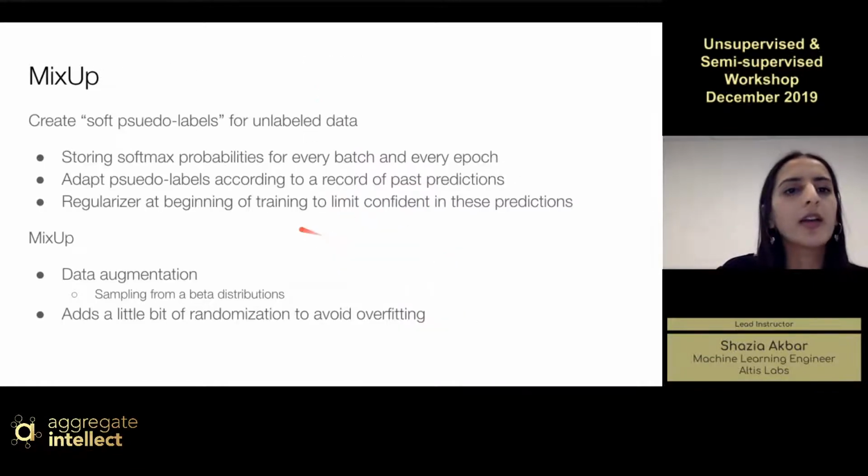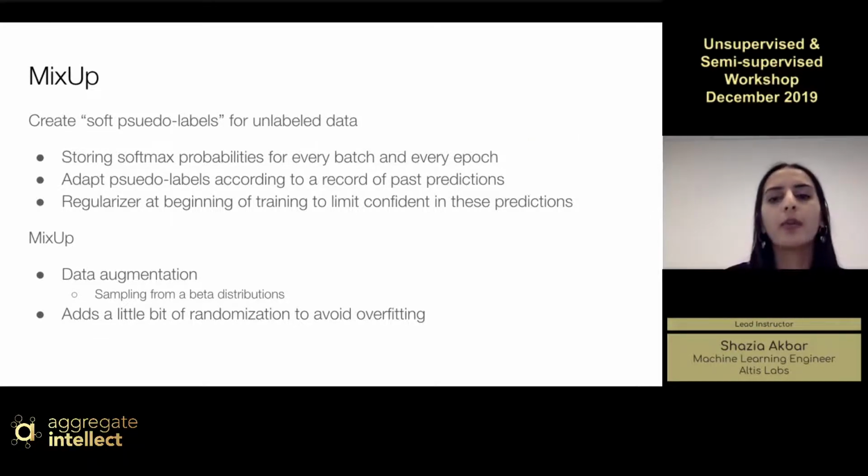By gathering all of the probabilities for every batch and every epoch, after it was done with the pseudo-labeling task, it could look at the record of all the past predictions and update all of the pseudo-labels so that they were stronger and therefore a bit more confident in the predictions.